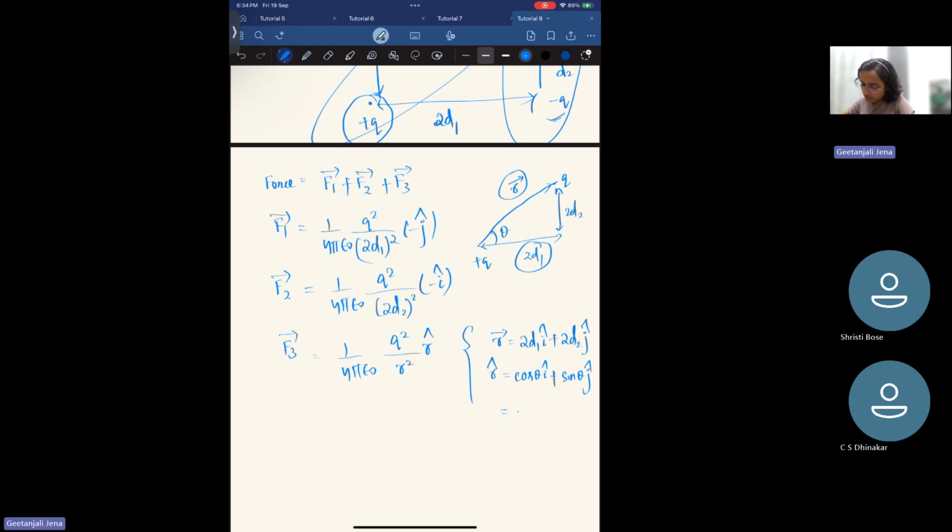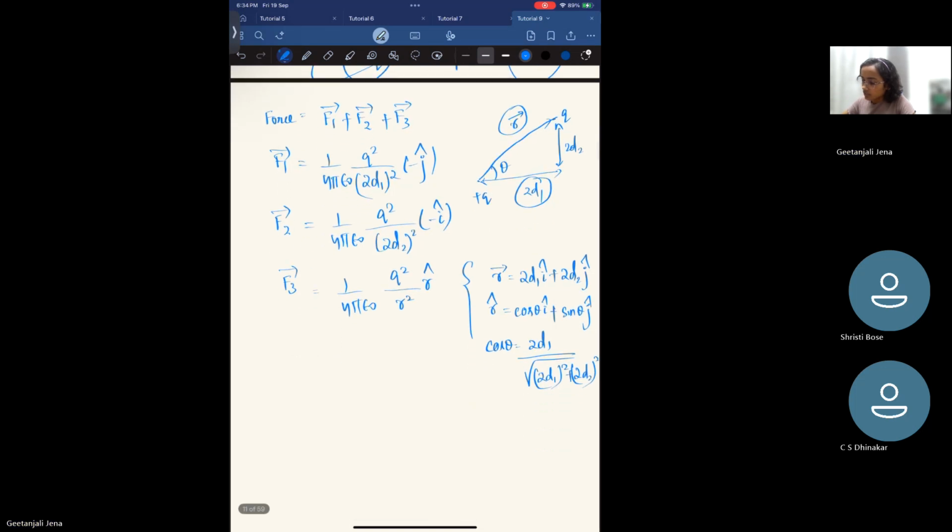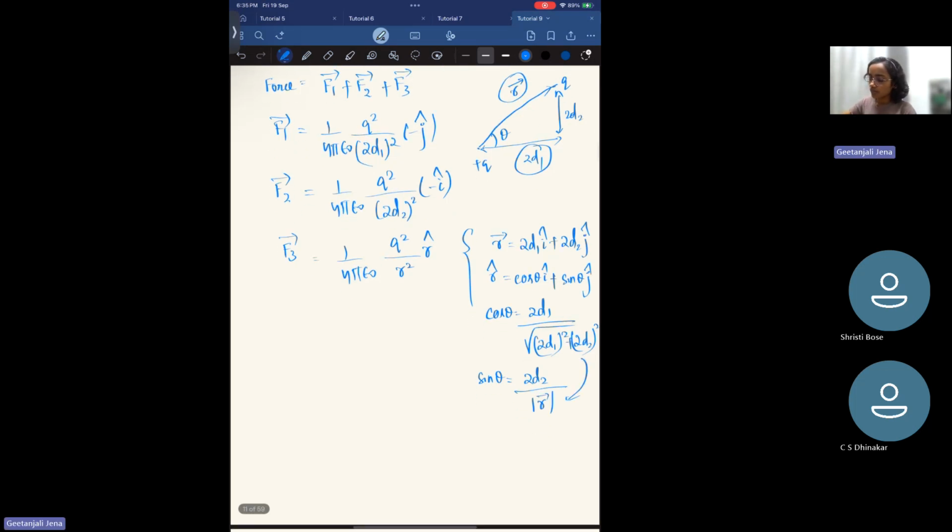So this will give cos theta is 2d1 by square root of (2d1) square plus (2d2) square. Sin theta is 2d2 by mod r.